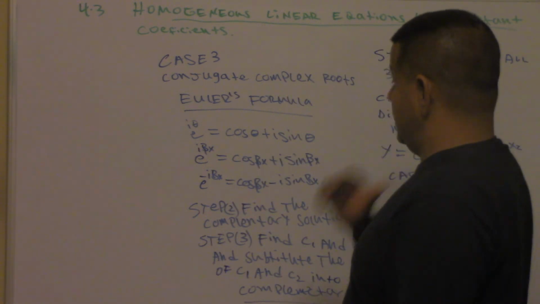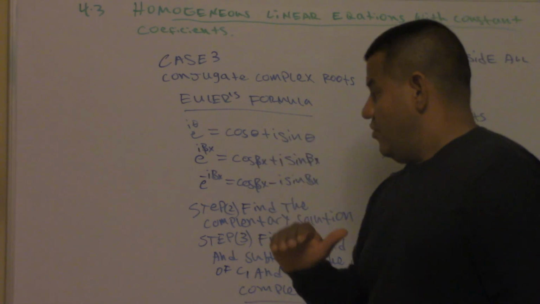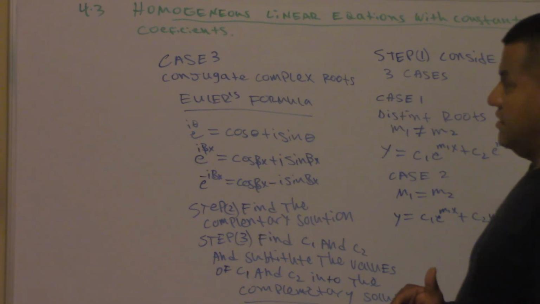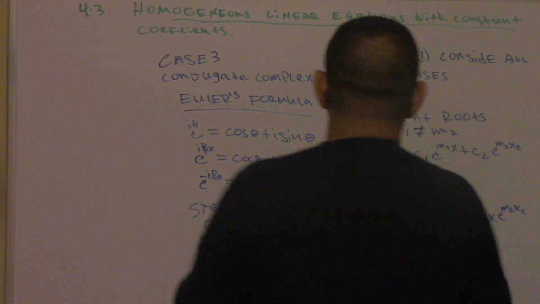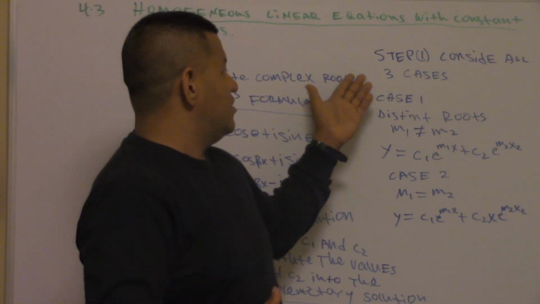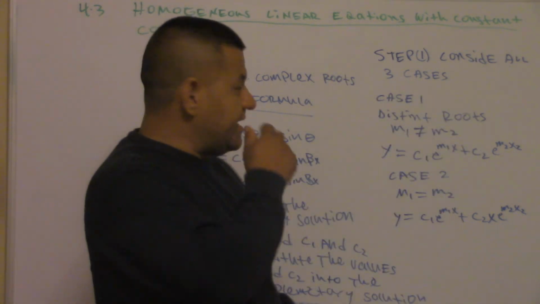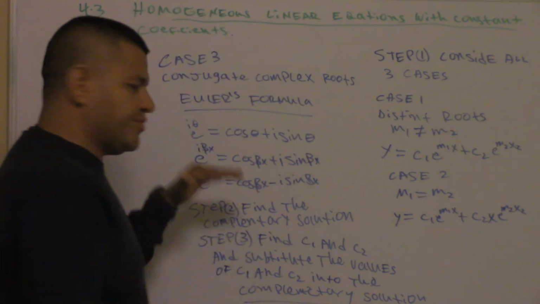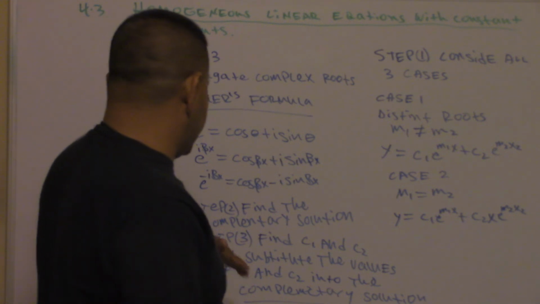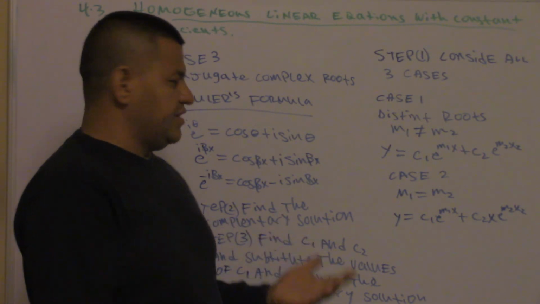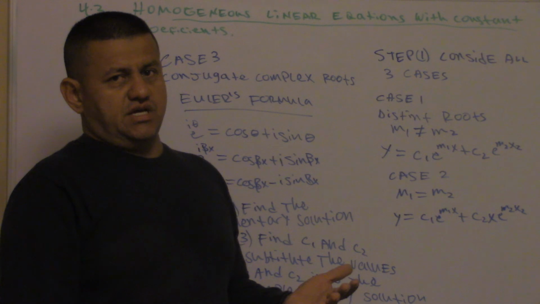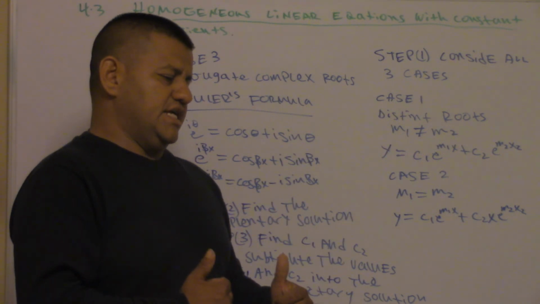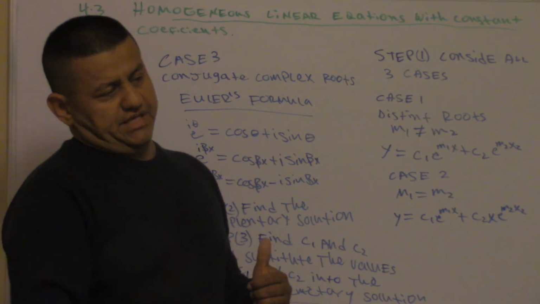Okay, so I'm going to go through the steps again, kind of quick. In step 1, we consider all the cases. On the last problem that I did, I had case 1 to find the complementary solution, which, as long as you know the rules, doesn't matter in what order you put them.